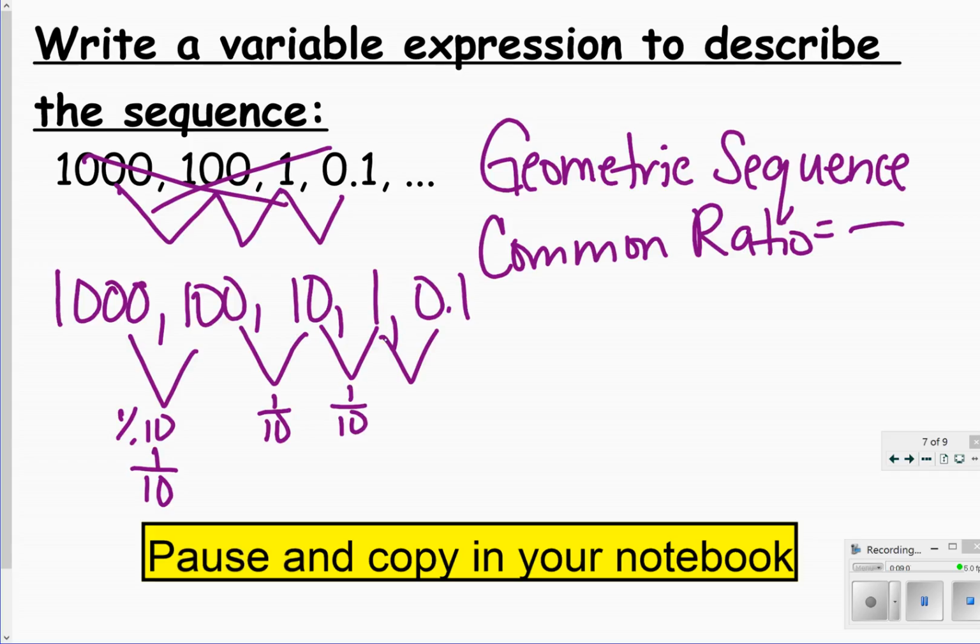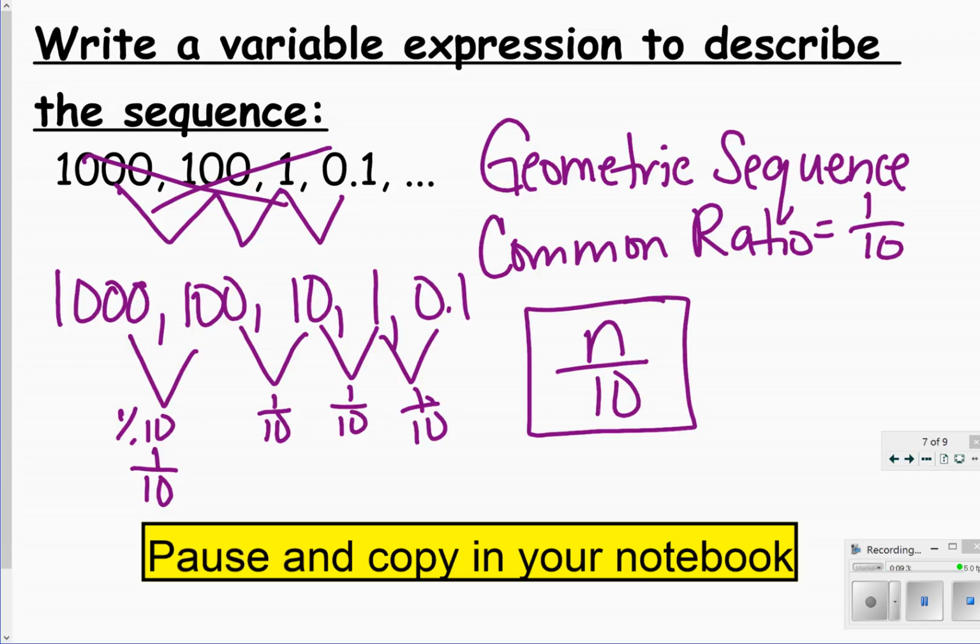And interestingly enough, 1 divided by 10 gave us 0.1. I wonder what would continue to be. So the common ratio is 1 over 10. All right, well, let's see if we can write our rule. Our rule would be n over 10. There we go. Very good. Go ahead, copy this into your math notebook.